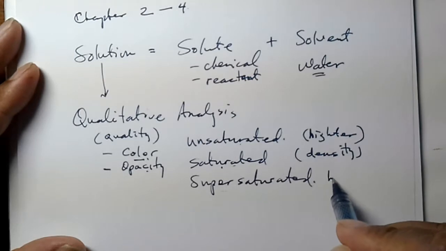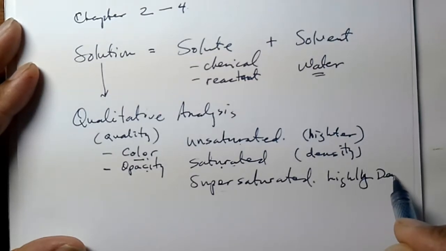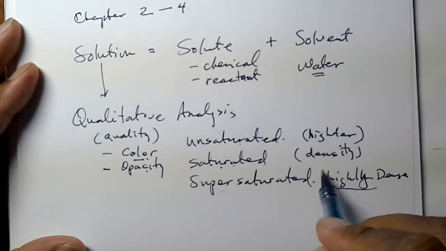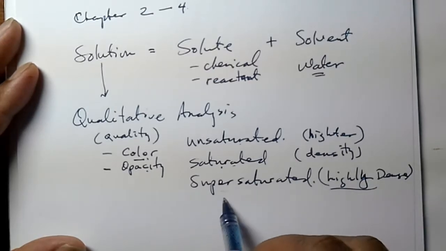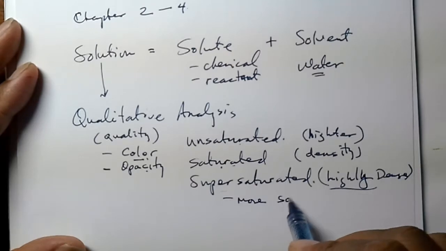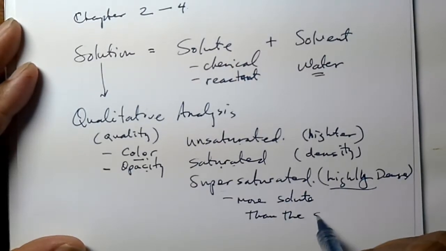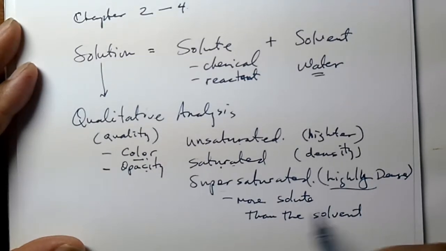And of course, supersaturated is, let's call it, highly dense, because it has more solute than the solvent can contain.